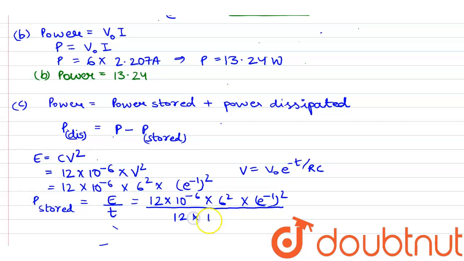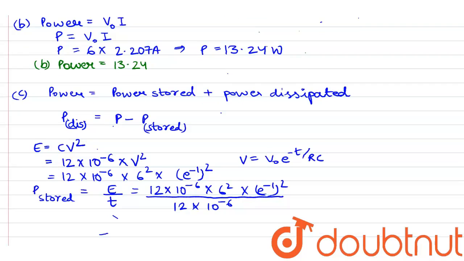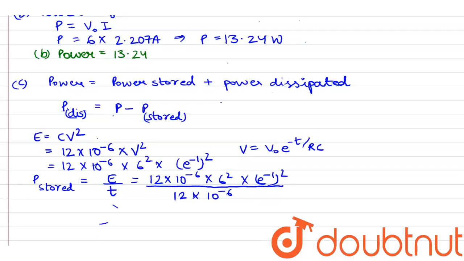So 12 into 10 raised to power minus 6 seconds. So our final answer is not going to be the P value stored. We have to subtract that. So the value of P stored is going to be equal to 4.872 watt. Now we have the stored value.